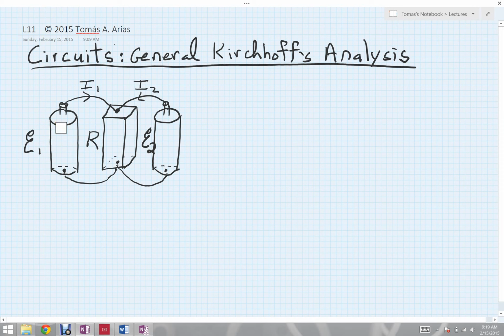It turns out, as you recall, when we discussed the inner workings of a battery, if we focus just on E1 for the moment, there's some chemical reaction which occurs inside the battery, and as the reaction releases its energy, it ends up bringing positive charges to the top terminal of the battery, leaving negative charges on the bottom terminal, and that chemical reaction will occur until the energy it releases matches the amount of work required to bring up the positive charges from the bottom of the battery up to the top of the battery.